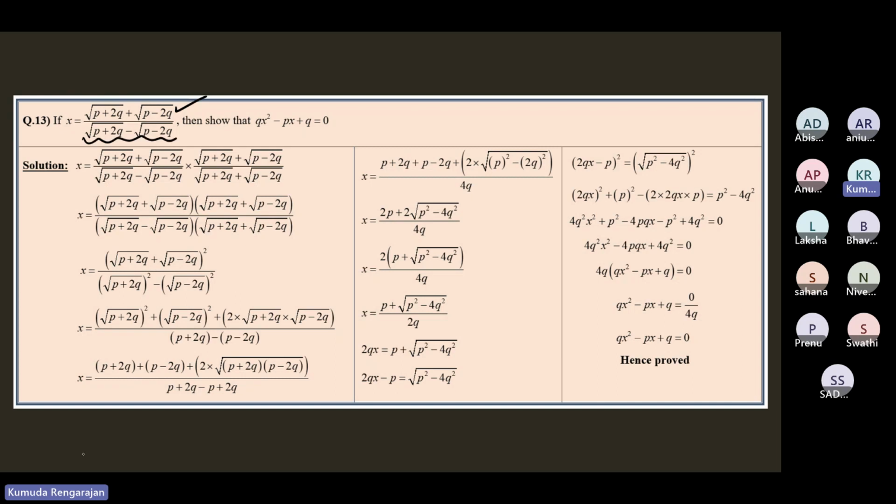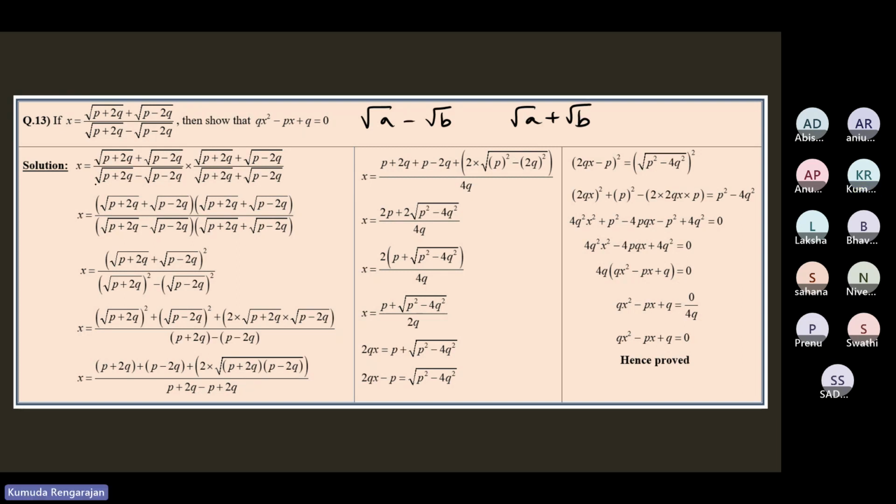So you have to rationalize the denominator. And the rationalizing factor or the conjugate of the denominator is or will be, write these expressions as you see. The connecting sign is minus. So in the conjugate, the connecting sign is plus. Right? When the denominator is root A minus root B, its conjugate is root A plus root B.